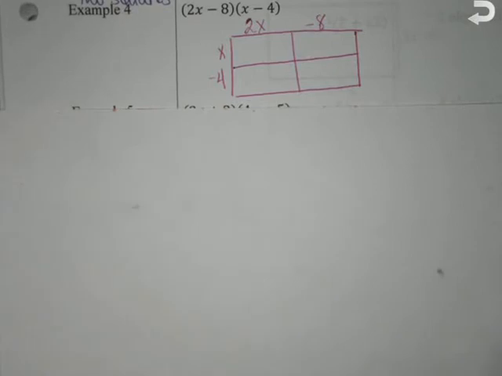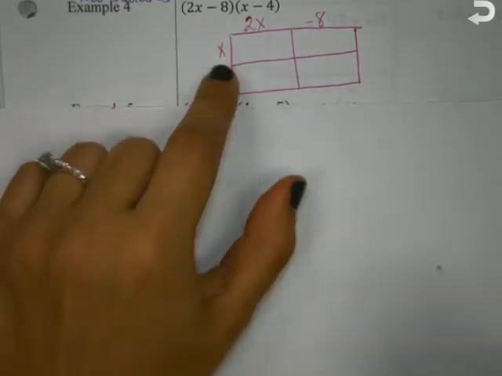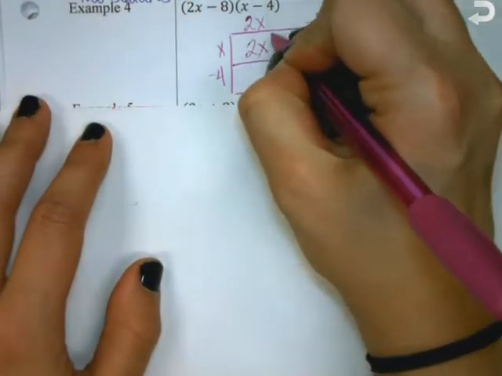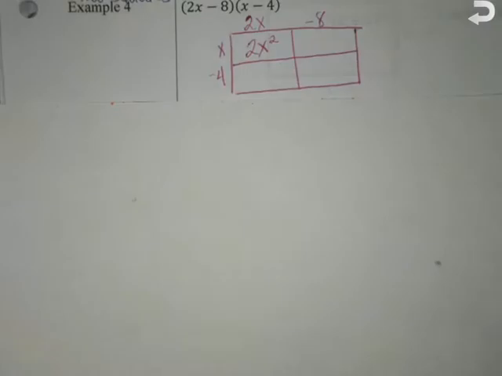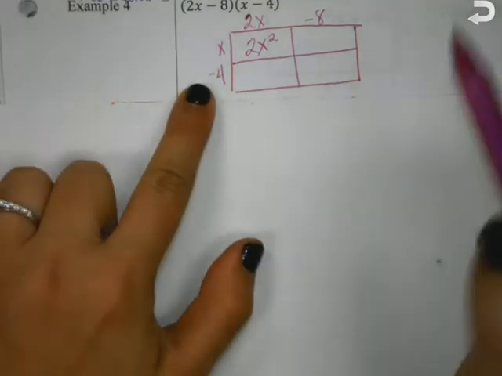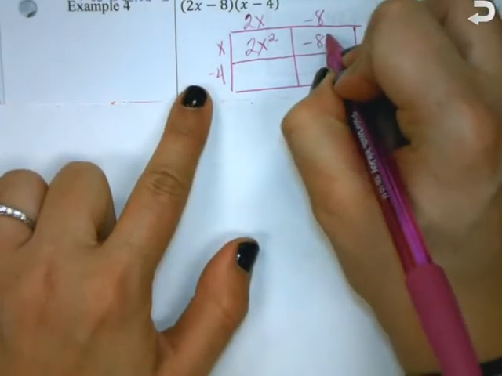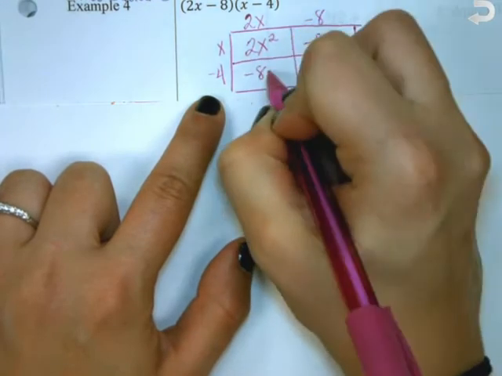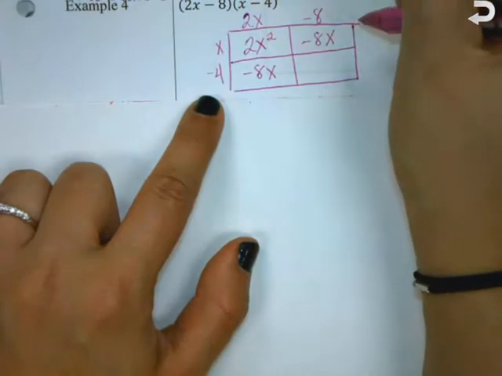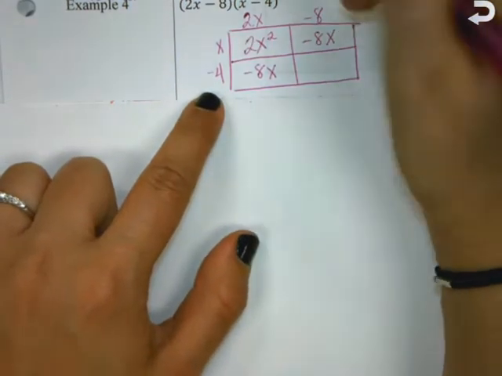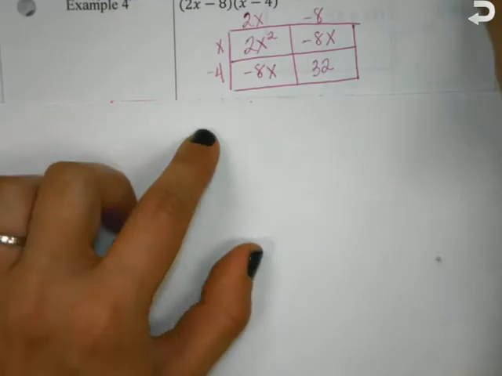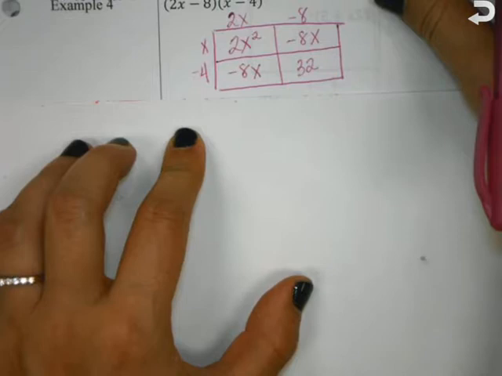And let's start multiplying. What's x times 2x? 2x to the second power. X times negative 8? Negative 8x. Negative 4 times 2x? Negative 8x. And negative 4 times negative 8? Positive 32. Okay, so I'm going to combine like terms on the diagonal.